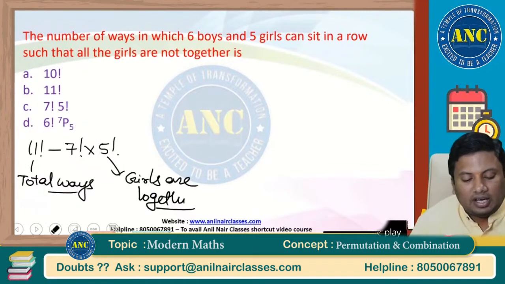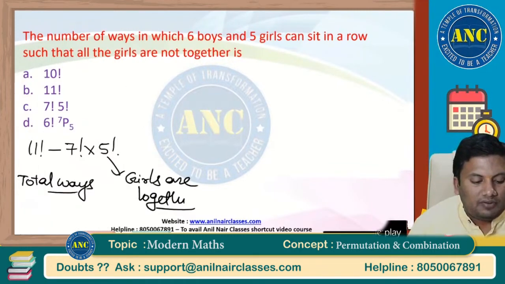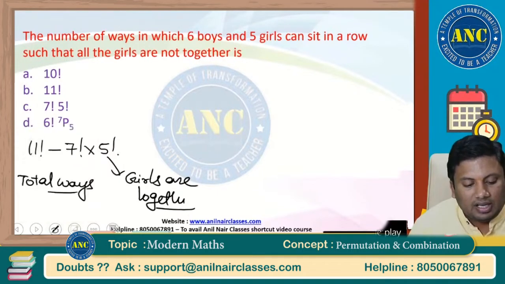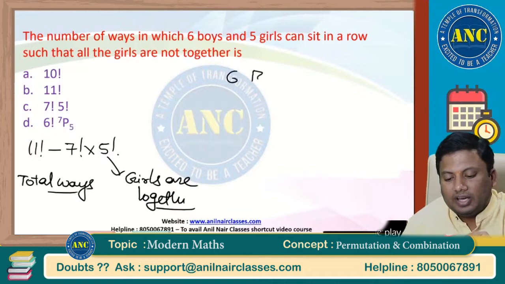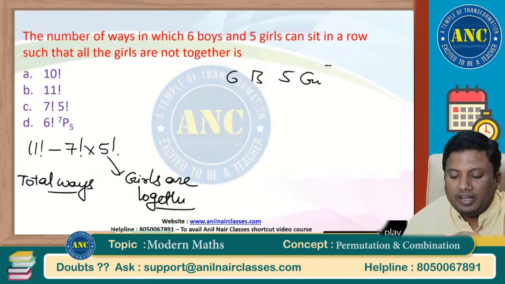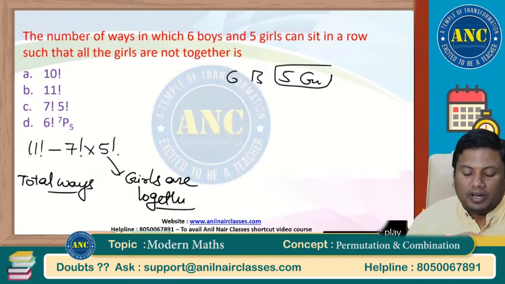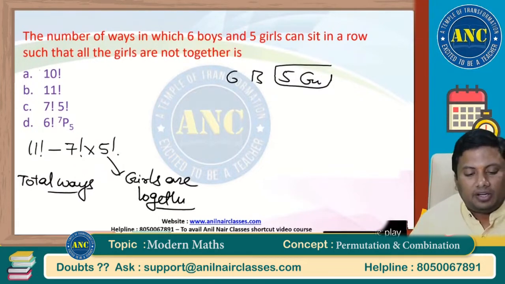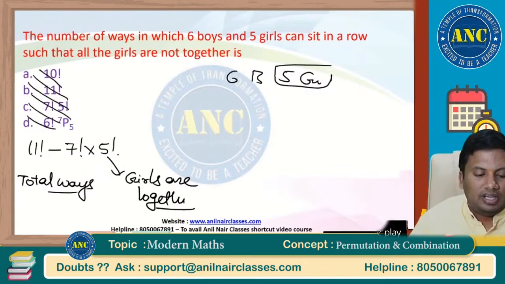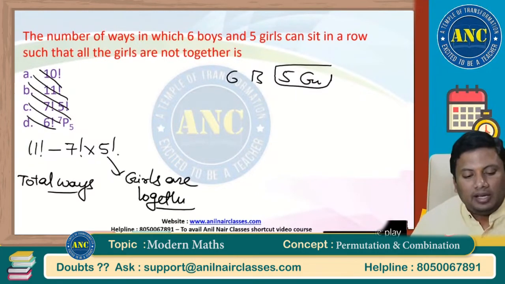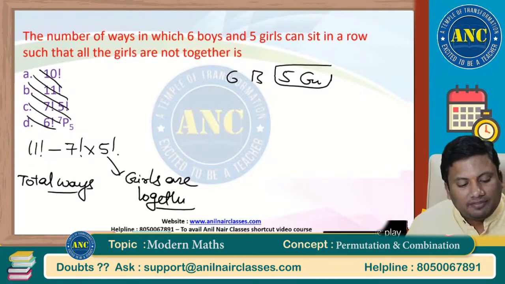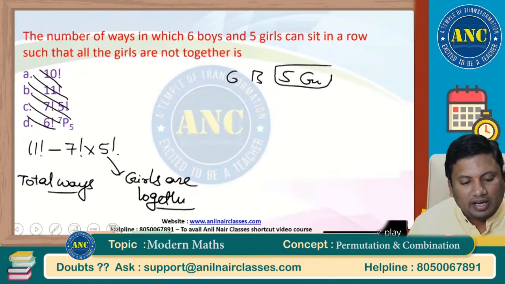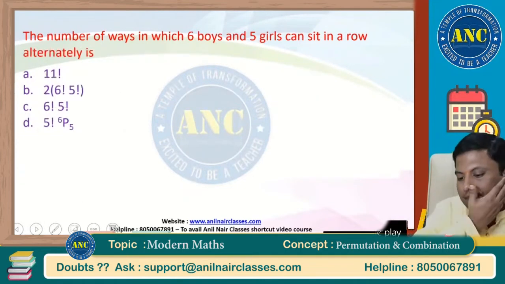All the girls are not together is total ways minus all the girls are together. If all the girls are together, 6 boys and 5 girls, these 5 girls tie it, 6 plus 1, 7. 7 factorial. 5 can be arranged in 5 factorial. Answer for this question is 11 factorial minus 7 factorial into 5 factorial. I think previous question same options are written here. I hope it is clear.